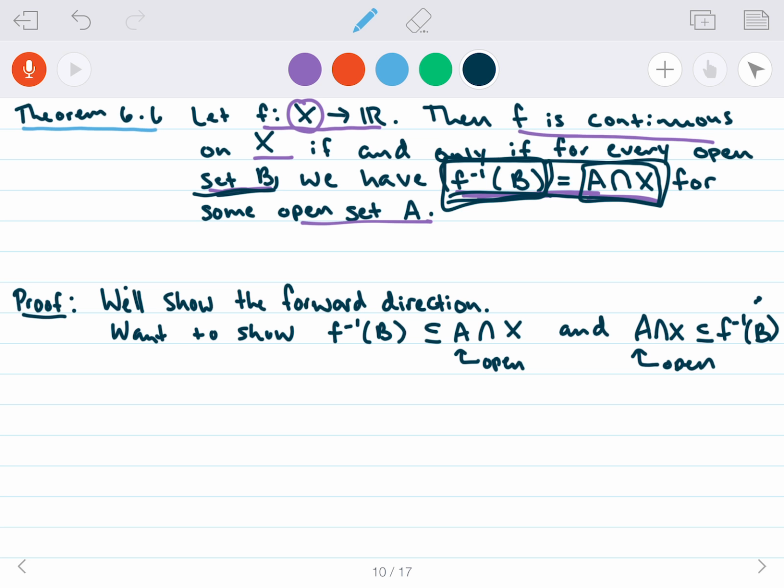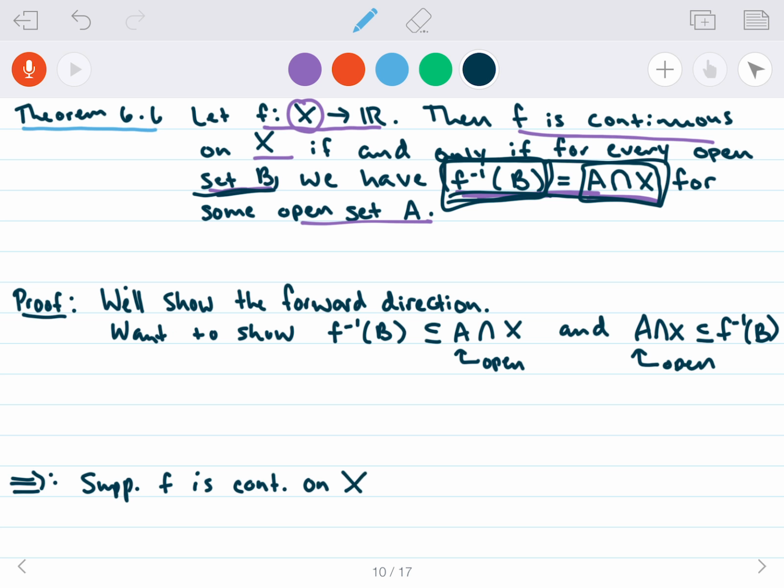Okay, so this is our goal for what we want to do, and let's go ahead and start with our assumptions. So our assumption is that f is continuous on X. So suppose f is continuous on X.